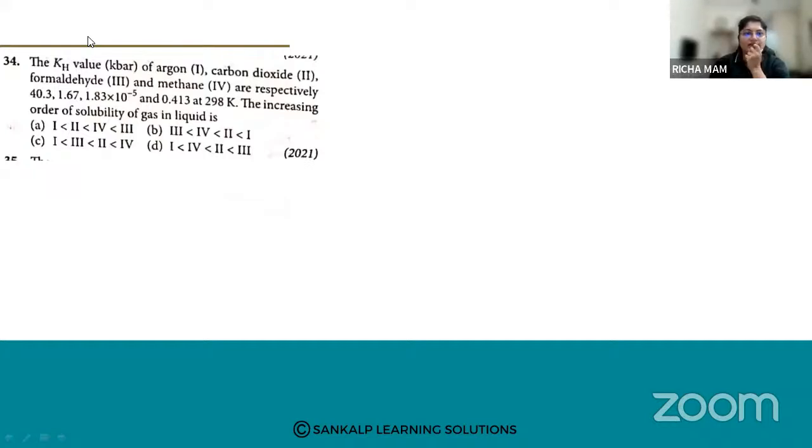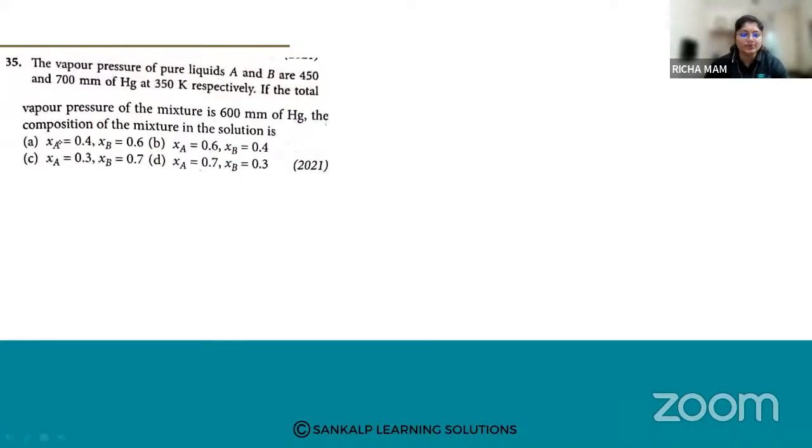The KH value of argon, carbon dioxide, formaldehyde, and methane are respectively 40.3, 1.67, 1.83 into 10 raised to minus 5, and 0.413 at 298 Kelvin. The increasing order of solubility of gas in liquid is. So this was a question asked in 2021.